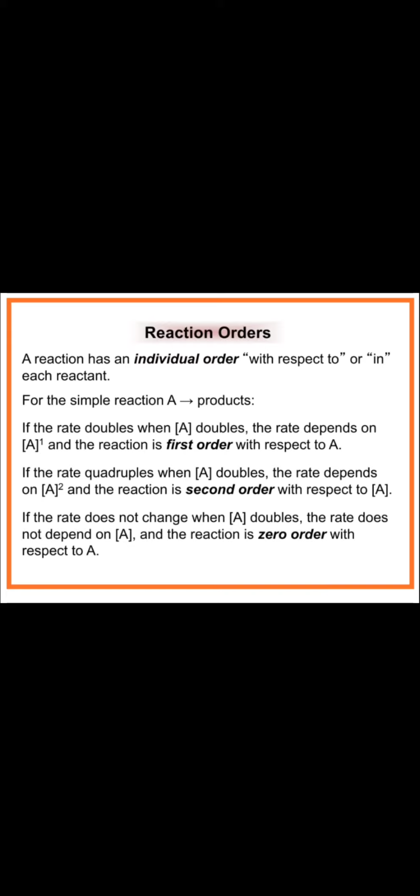Take an example: whenever the concentration of A doubles, the rate of the chemical reaction also doubles, so the order with respect to that reactant is 1, that is a first order reaction.